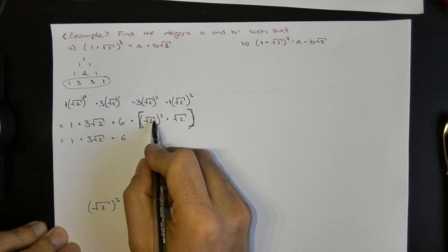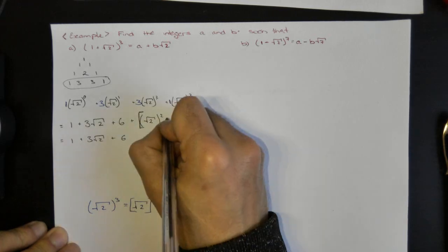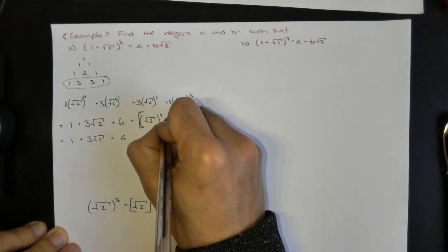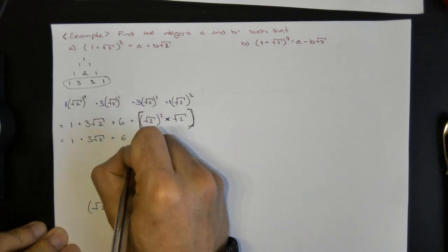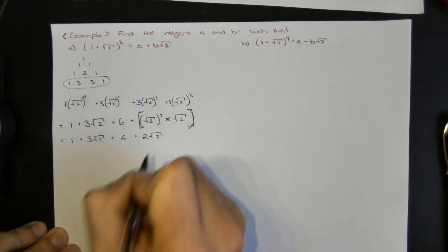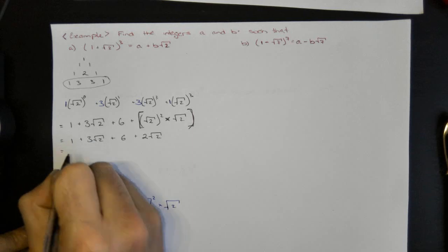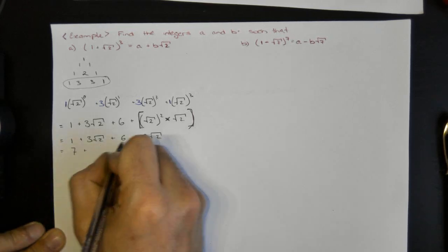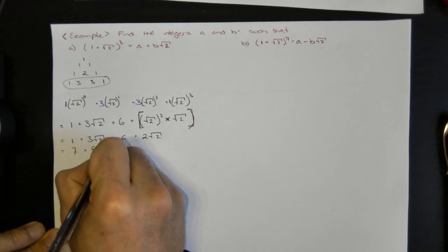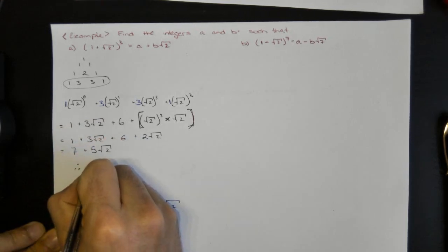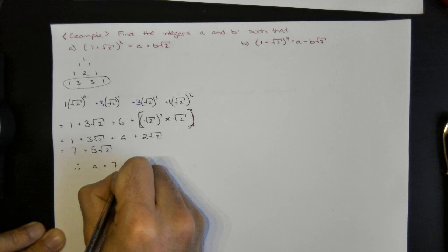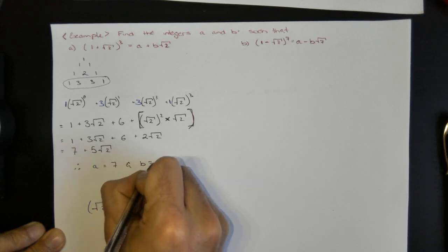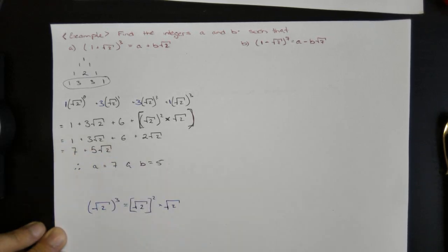Well, remember that's going to be just 2 times root 2. Okay, collecting like terms, we've got 1 plus 6 is 7 plus 5 root 2. So therefore, a is 7 and b is 5.